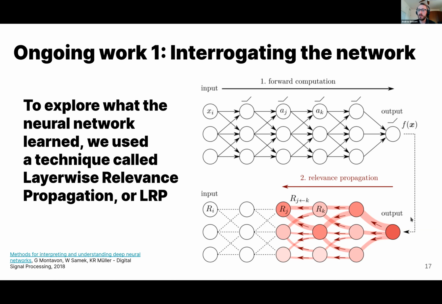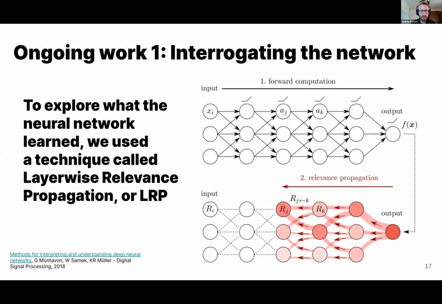Then LRP lets you take a mathematical rule that you can back propagate information back through the network for a given output, and partition relevance through each layer all the way back to your inputs. And what you get is a numerical score of attribution for why the neural network made the prediction.